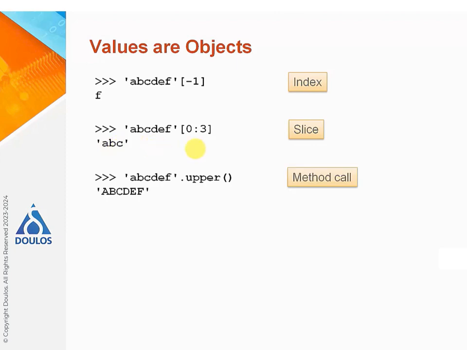Strings also have methods, where I'm using the term method in the object-oriented sense to mean a function that's associated with a particular object. Because this string is an object in Python, we can call its upper method, and the upper method will convert all of the characters in the string to uppercase, and you can see here we're printing out an uppercase string.